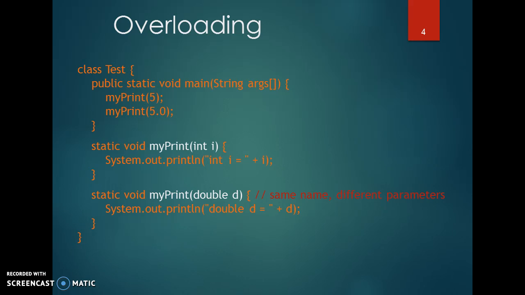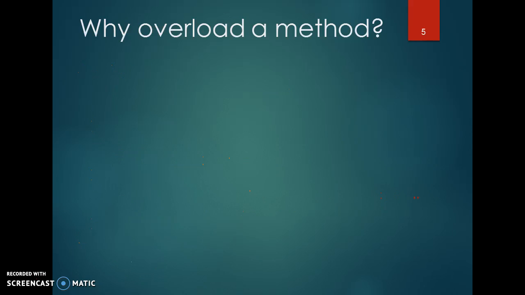This type of polymorphism is called overloading, where within the same class I have two functions having the same name but a different parameter list. Here, when I call myPrint passing one integer variable, the first one gets called, and when I call it using a double, the second method gets called.